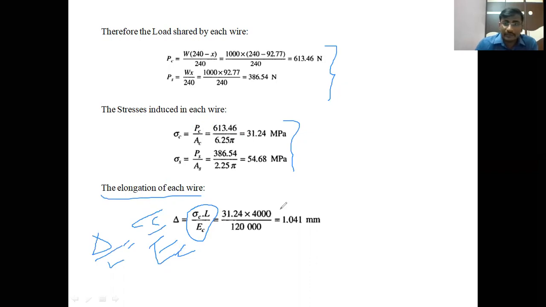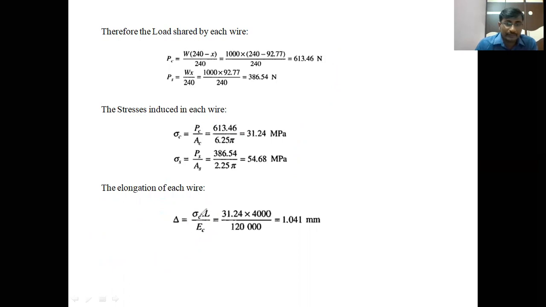So here I am using Hooke's law, sigma C into L by EC. L is the length of the copper wire or steel wire; both initial lengths are the same. Stress in the copper wire is 31.24 into 4,000, where 4,000 is the 4 meter length of the wires in millimeters, divided by Young's modulus for the copper wire, 120 GPa as given in the problem.